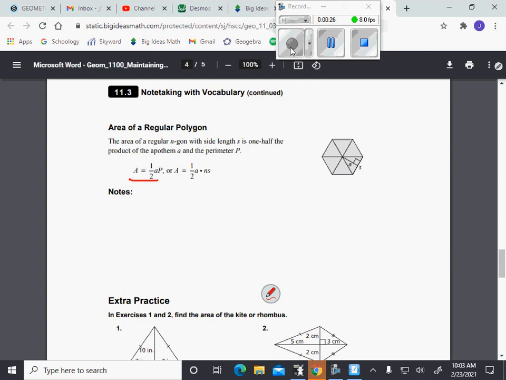What these letters stand for: area is going to be equal to 1/2 times the apothem. There's a new word for us that we will learn. Apothem times P, perimeter.